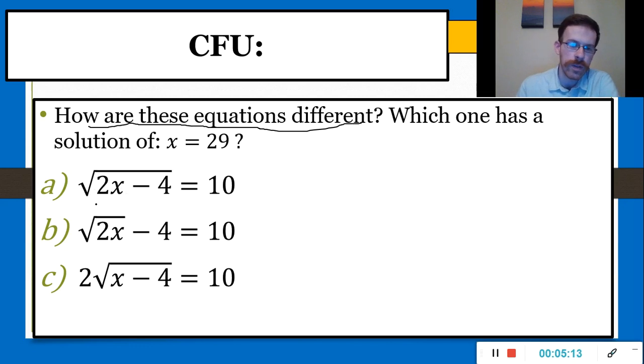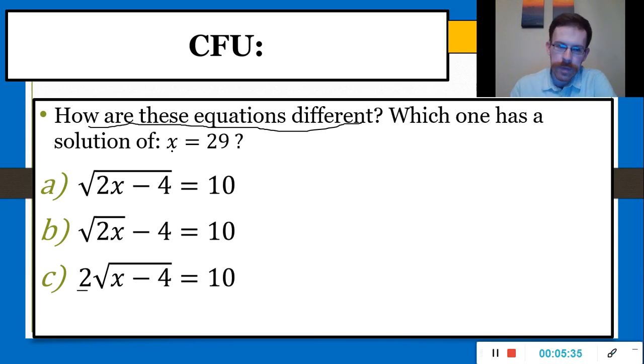But this is the square root of 2x minus 4. This is the square root of 2x, then you have a minus 4. And this is the square root of x minus 4 times 2. So you'd have to do the same operations to undo all of them, but you do have different ways that you can do this.